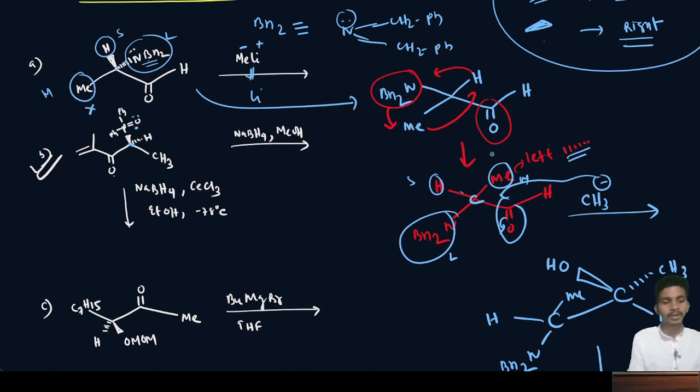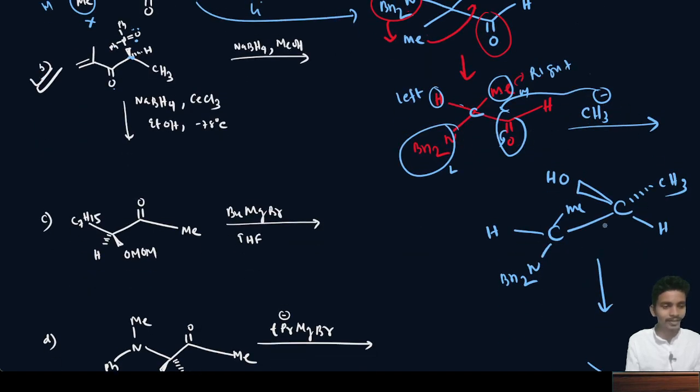Oh, sorry, this is the right side, and this comes to the left side. So this is the right side and this is the left. Because we are here, this is our right hand and this is our left hand, so this is our right side and this is our left side. So the attack of the reagent is also from the right hand side.